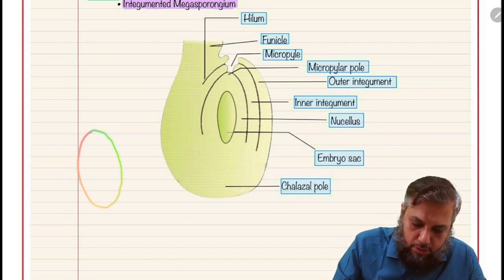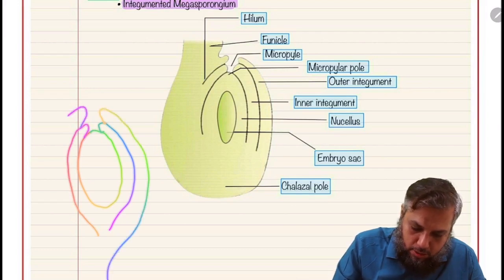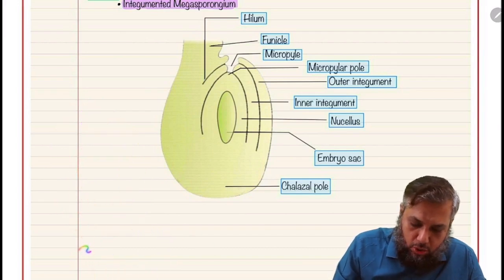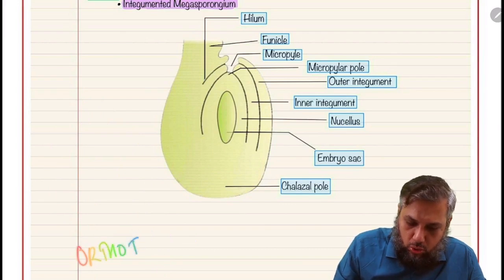Look at this diagram that I'm drawing. Here, the micropyle, chalaza, and the funicle are in a straight line. So it is called an orthotropous ovule.